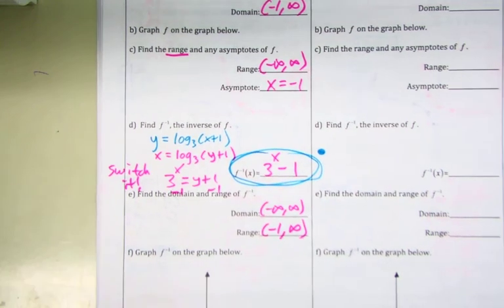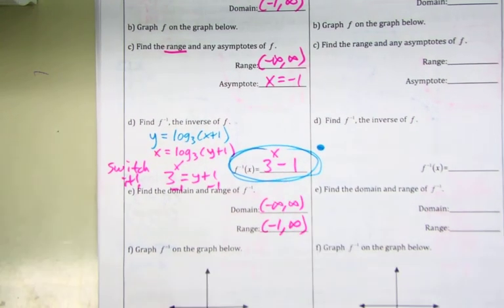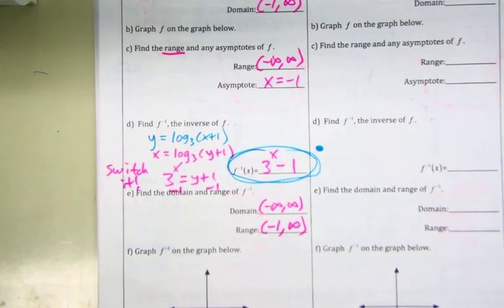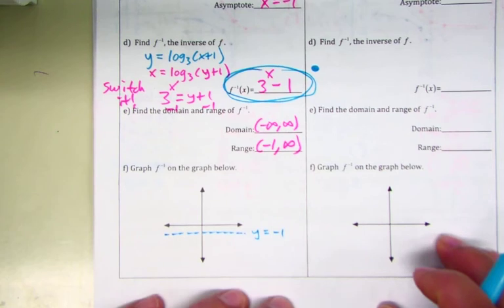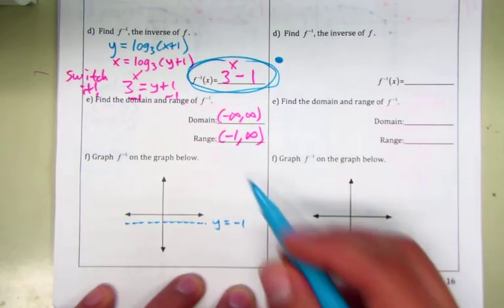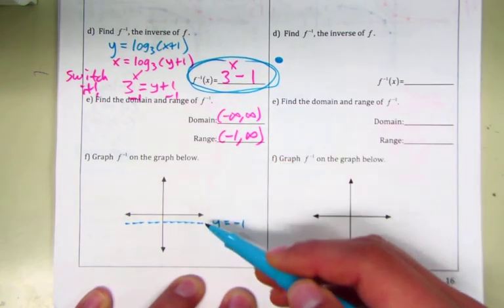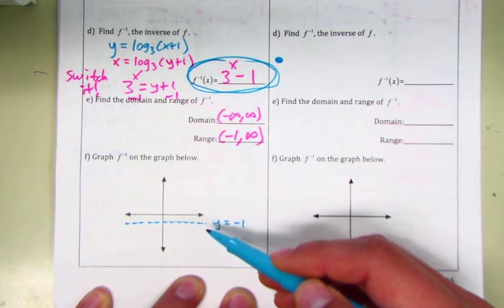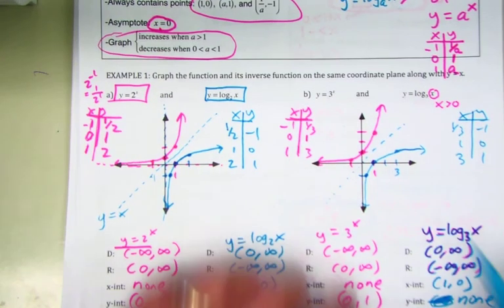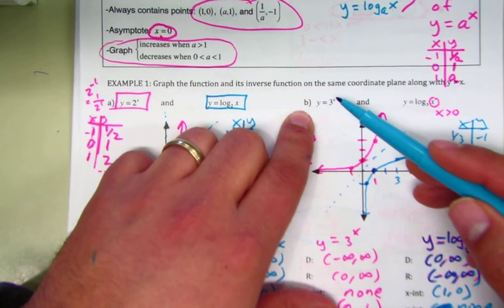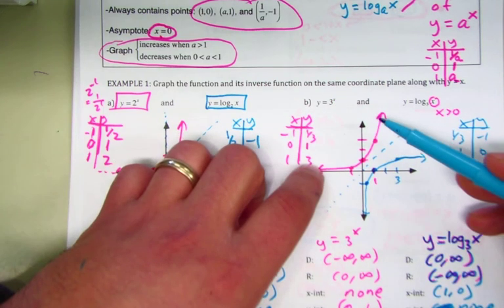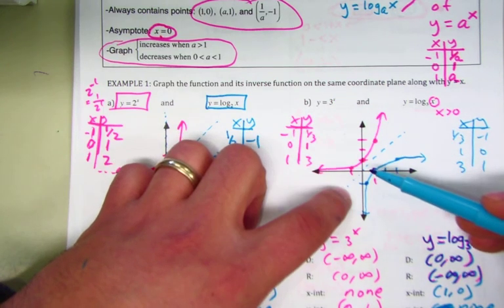The horizontal asymptote is now y equals -1. Oh, yeah, sorry guys, thank you. The horizontal asymptote is now down a unit, down to y equals -1. If you remember this graph for 3 to the x, just shift everything down a unit. You can do it that way.